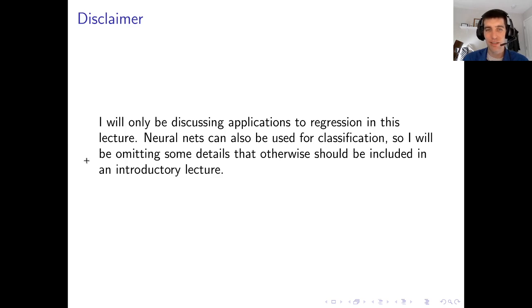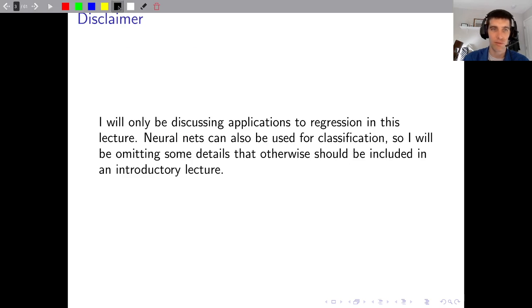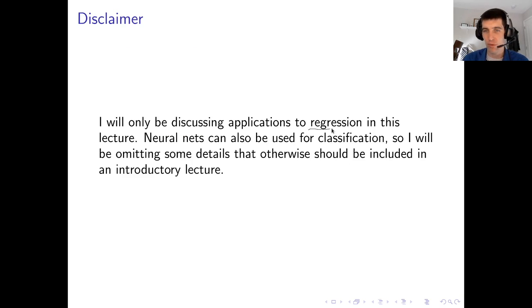I will make a disclaimer here, which is that we're only going to be discussing neural networks in the context of regression, as that fits in with what we've been talking about. Neural networks can be used for classification very much in a way similar to how we talked about logistic regression, the idea that we apply this sigmoid function to the output of linear regression in order to get logistic regression and do binary classification.